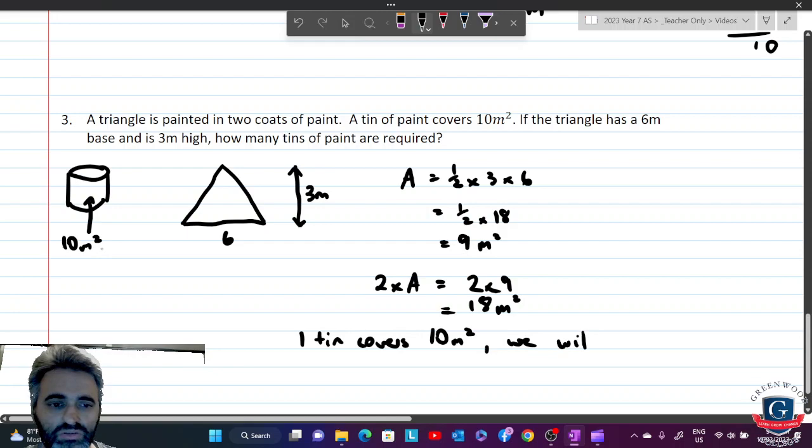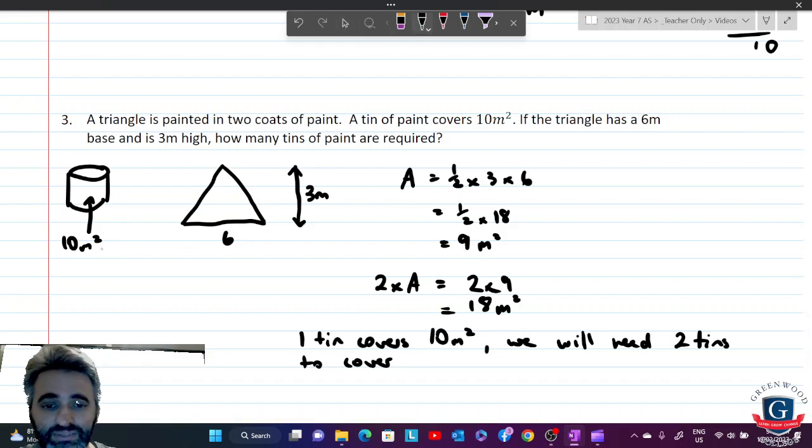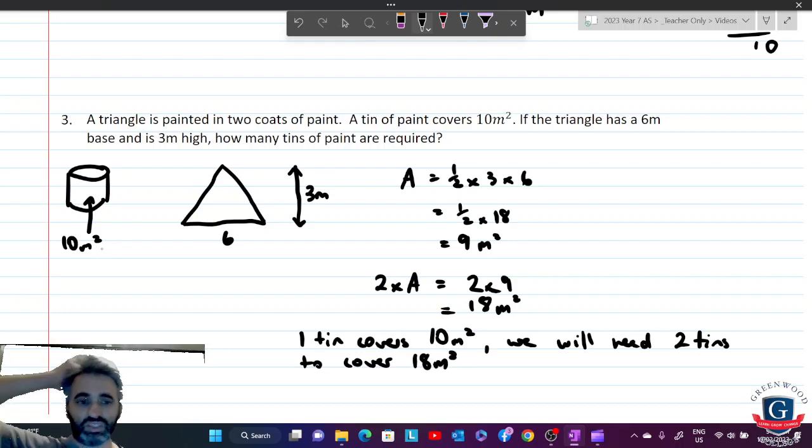We will need 2 tins to cover 18 meters squared. You can't buy a tin that only covers 18. We'll have to get enough for 20. So the answer's here, 2 tins.